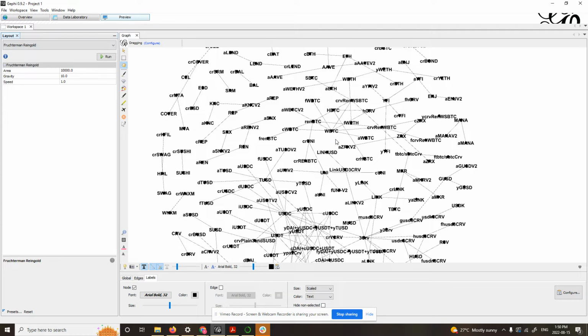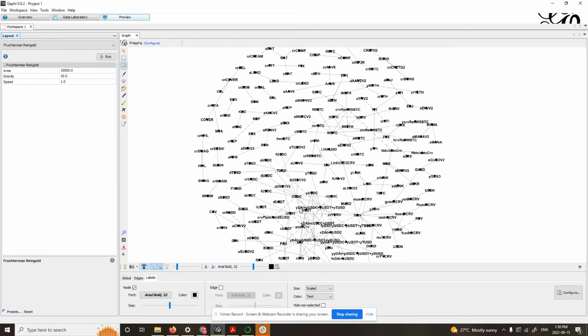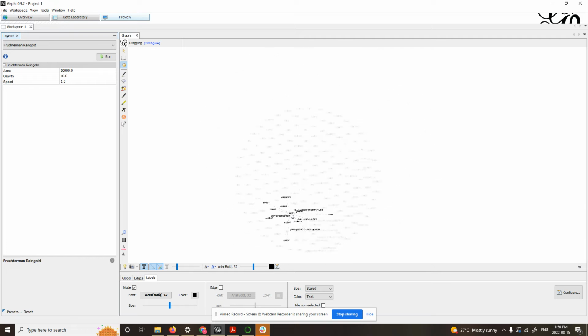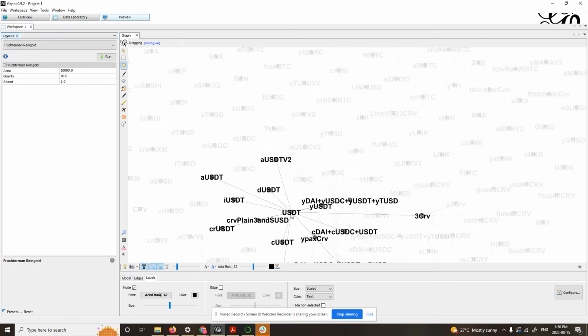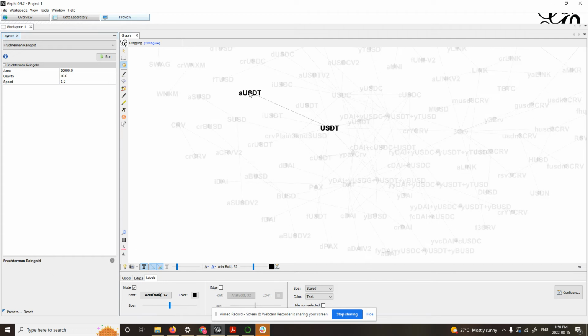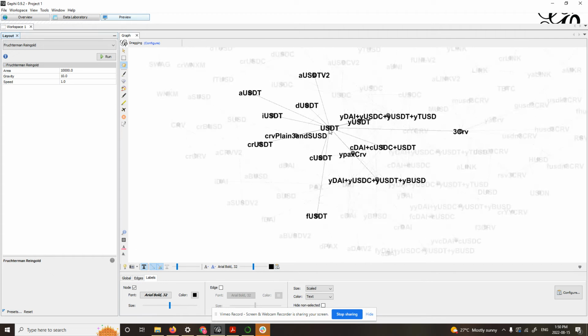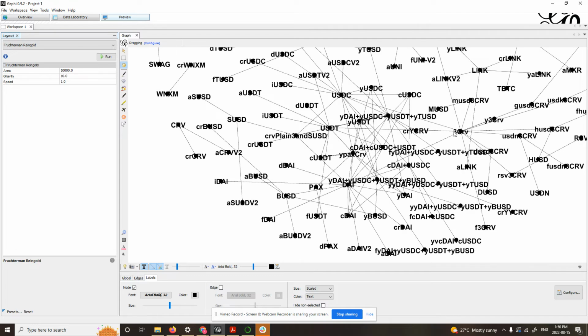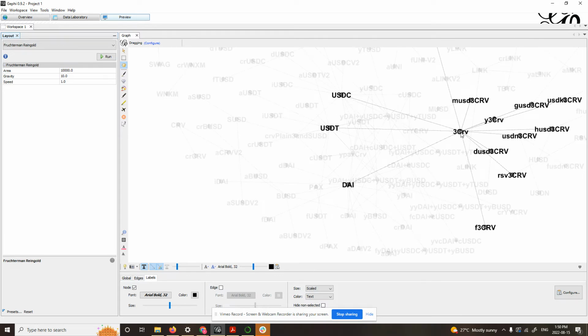Let's say you're starting at USDT. From USDT, you have several steps available. You can go into Aave USDT, or into 3Curve, which is a Curve pool, and from Curve you have other pools you can go into.